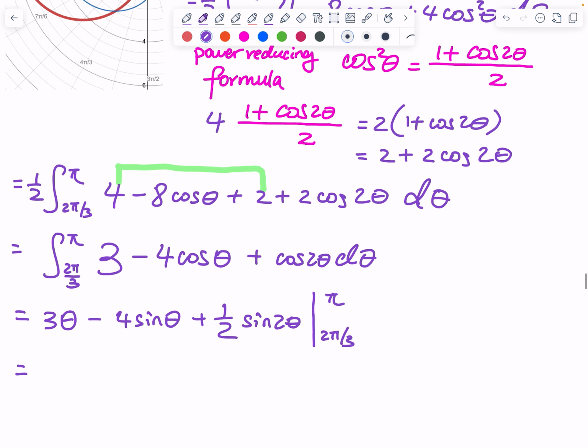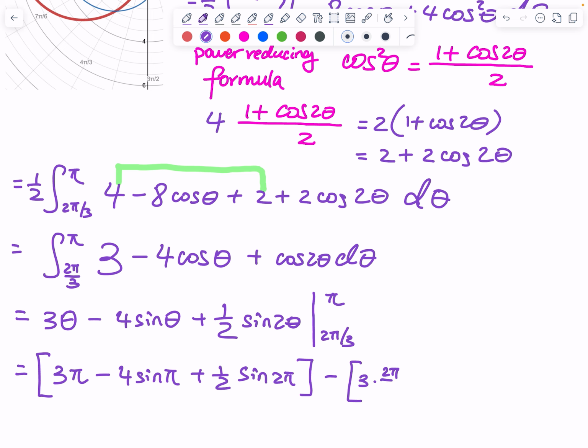Okay, plug in. I have 3 times pi minus 4 sine pi plus 1/2 sine of 2 pi, and then minus 3 times 2 pi over 3 minus 4 times sine of 2 pi over 3 plus 1/2 sine of 4 pi over 3.